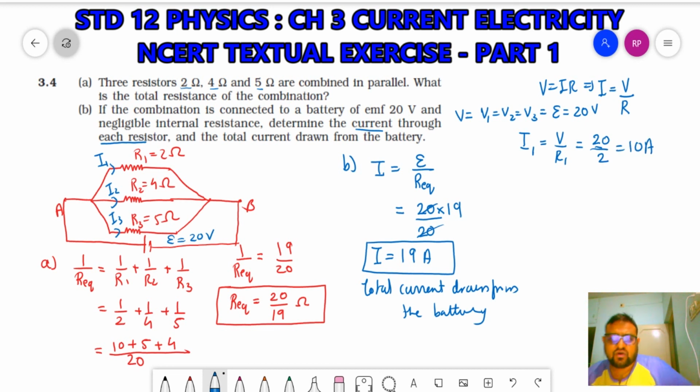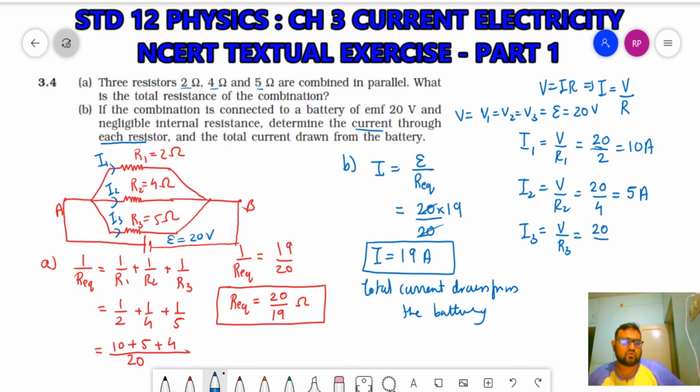The current flowing through R1 is 10 ampere. I2 is V by R2, that is 20 upon 4 ohm, that is 5 ampere. I3, the current flowing through resistor R3, is V upon R3, so 20 upon 5, that is equal to 4 ampere.